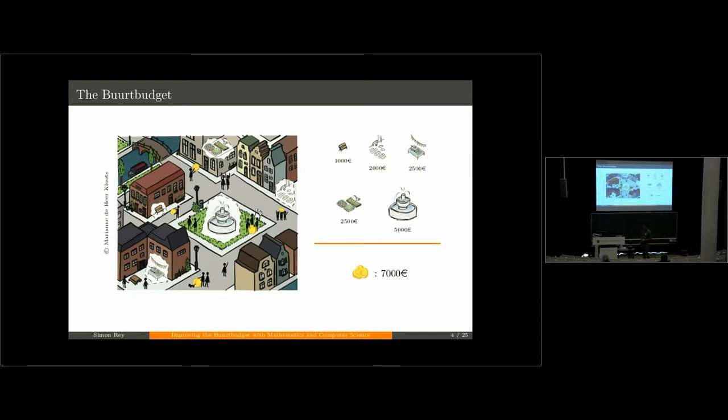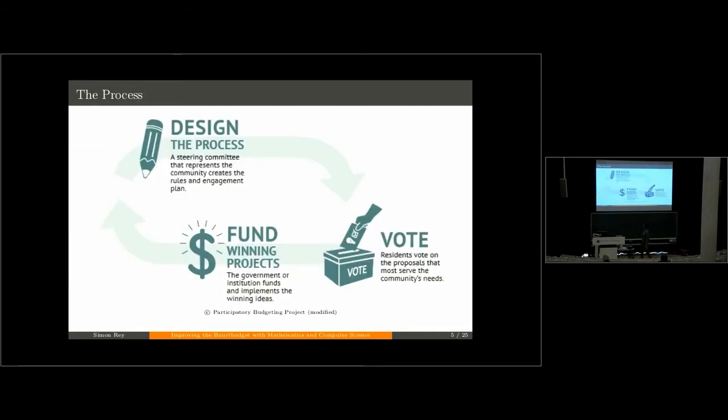Yeah, and this entire talk will be about that, and how we can use mathematics and computer science to hopefully come up with better ways of developing this idea. Okay. So the way it is usually organized is as follows.